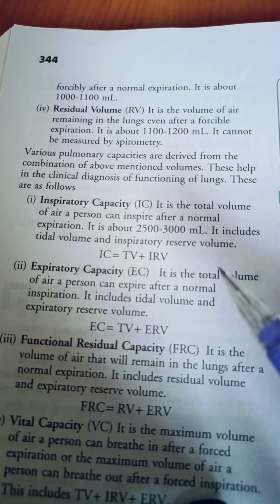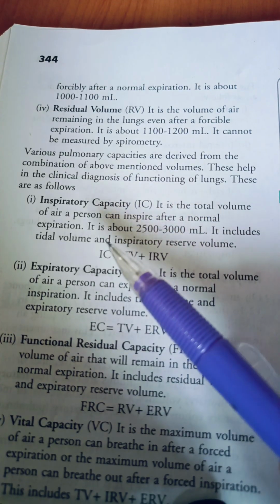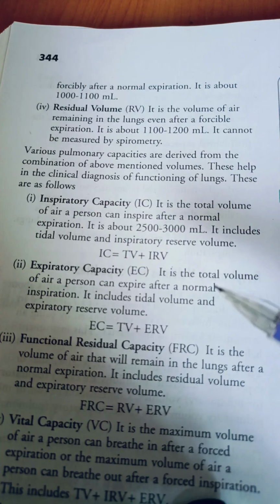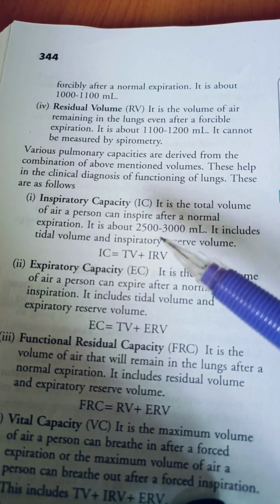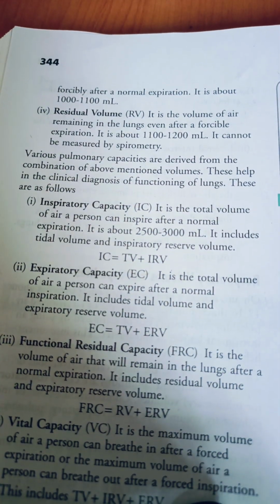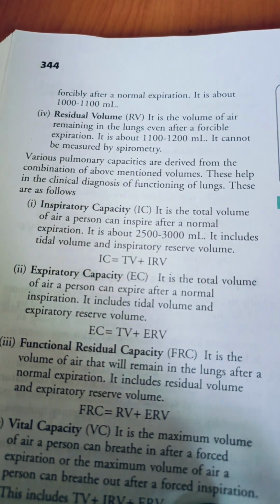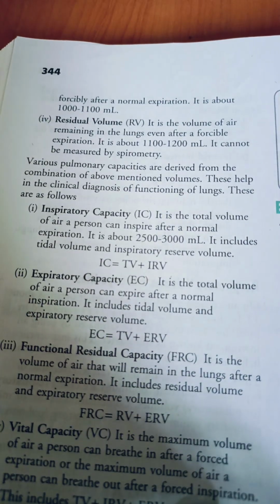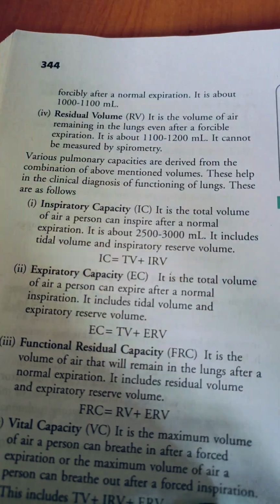Now, the first one, inspiratory capacity, IC. It is the total volume of air a person can inspire after a normal expiration. How much can a person inspire? Normally, in a relaxed position, it is the tidal volume, 500, and extra he can inspire is the inspiratory reserve volume.